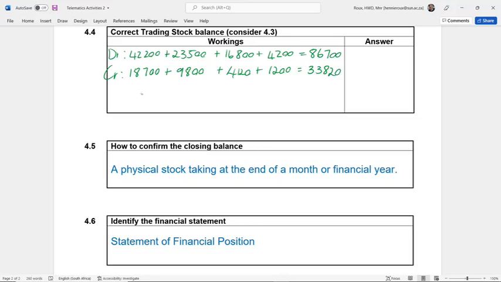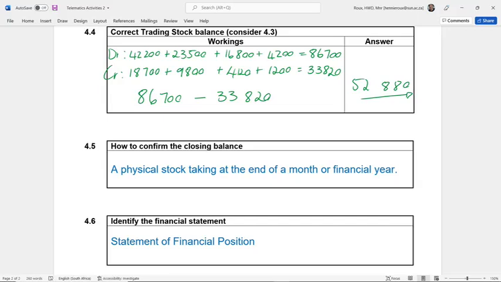So what is the balance? The debit side total minus the total of the credit side. So the balance, 52,880 in the trading stock account.